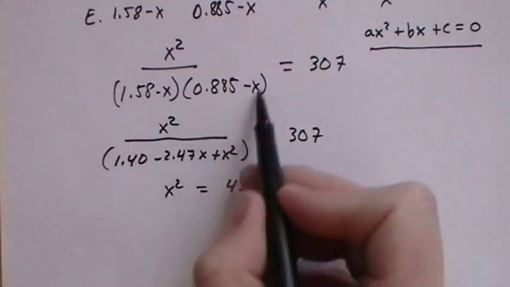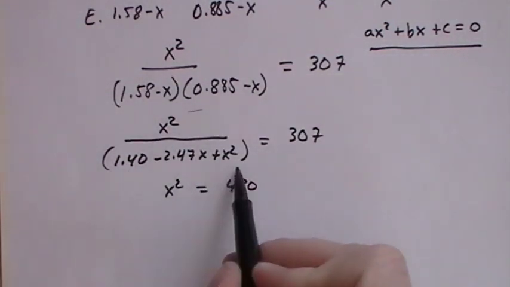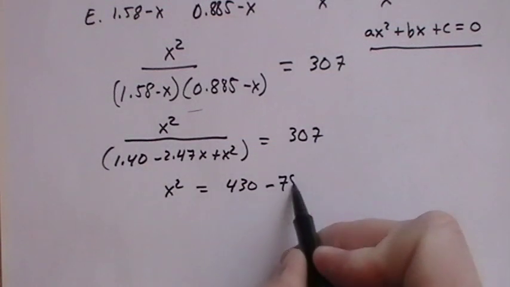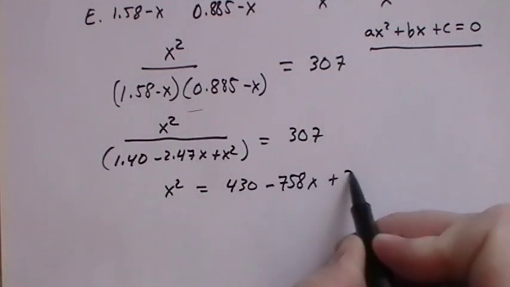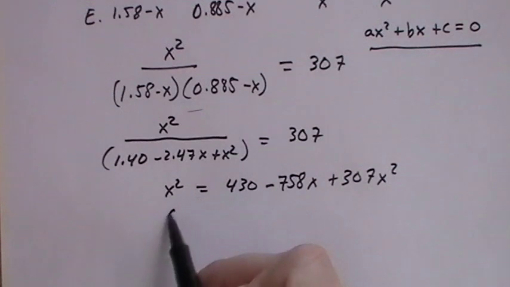So expand this term out into this form. Then I multiply both sides by this term. So we get x squared left over here minus 758x plus 307x squared. Subtract x squared from both sides. We get this.